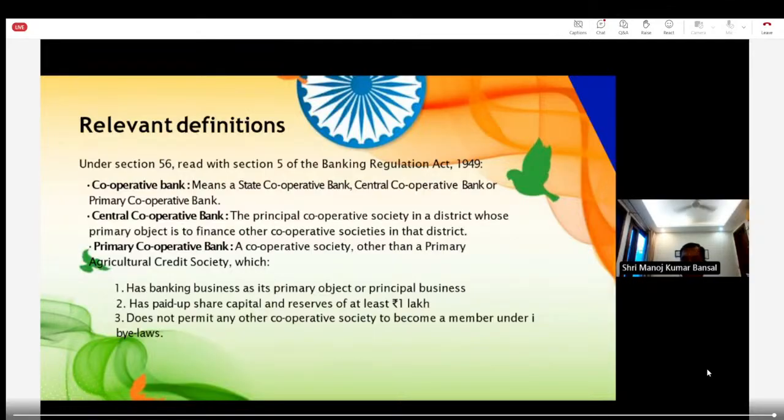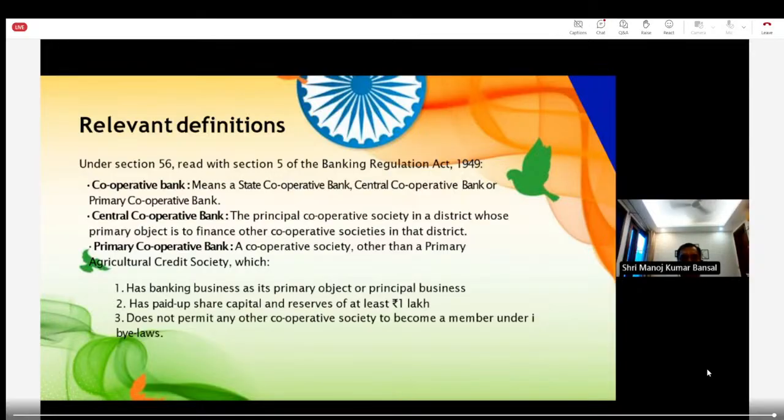Relevant definitions in relation to this order are under section 56, read with section 5 of the Banking Regulation Act. A cooperative bank means a state cooperative bank, central cooperative bank, or primary cooperative bank. A central cooperative bank is the principal cooperative society in a district whose primary object is to finance other cooperative societies in that district.